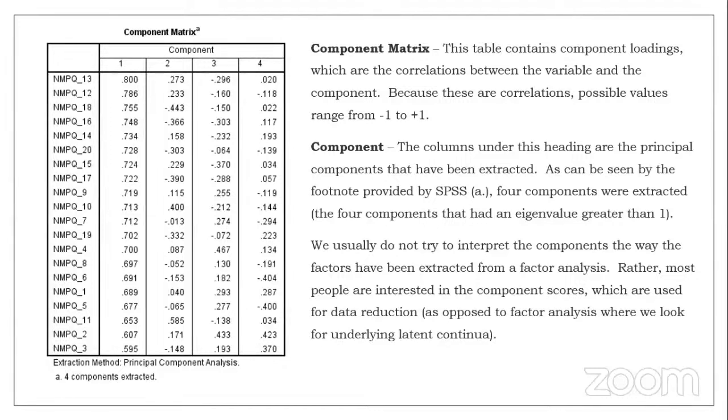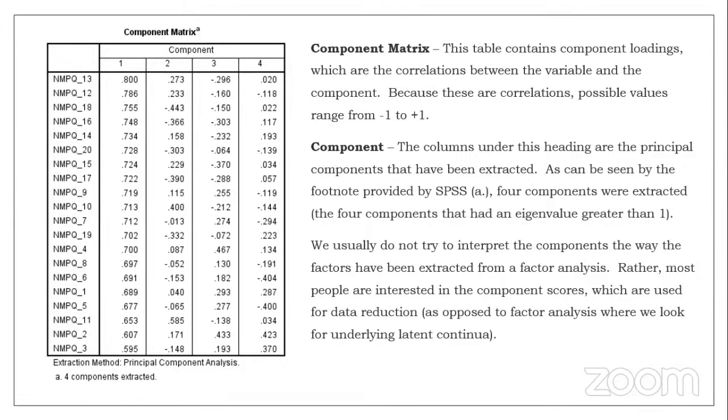These are the 4 different components which are seen. So any correlation between one particular component and one particular variable which you are considering is the component loading. Suppose you are considering the first component and NMPQ 13. So the 13th item has a component loading of 0.8 with the first component. That's the correlation coefficient that we are getting here.